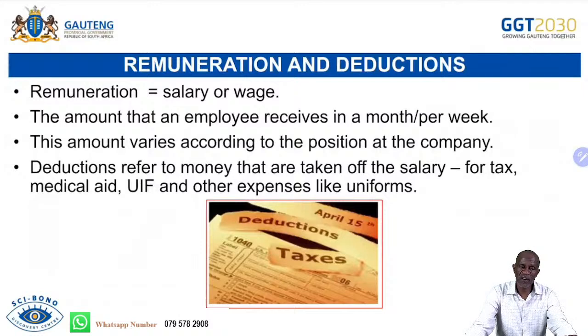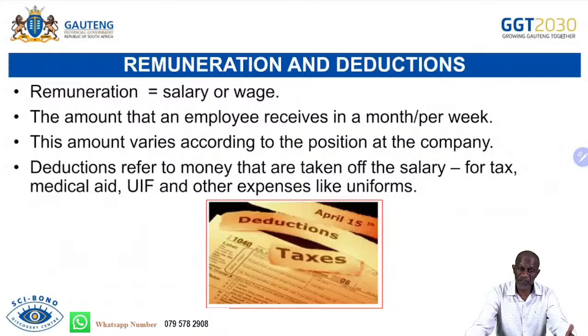If you are a member of a medical aid, then that deduction will come out of your salary and it will reflect on your payslip, showing your contribution as well as the employer's contribution.